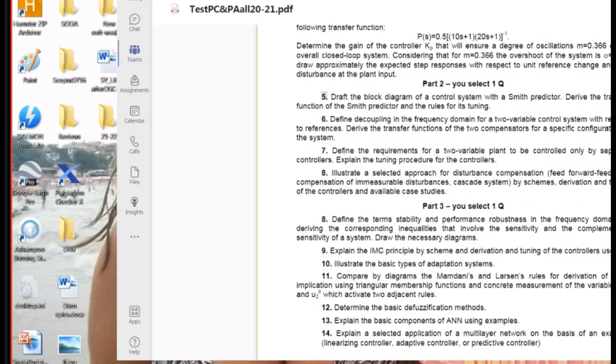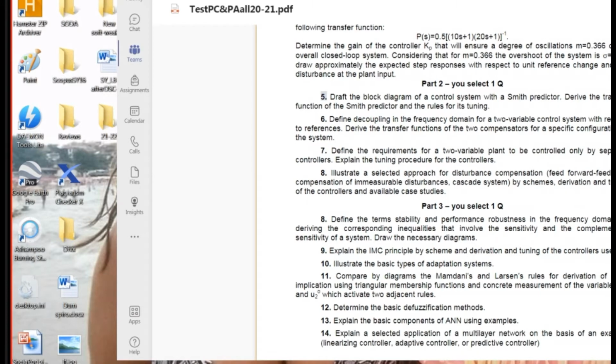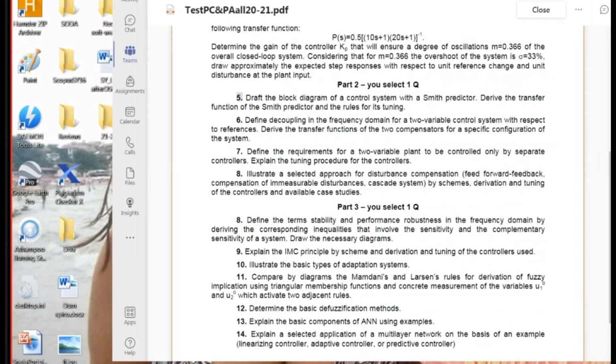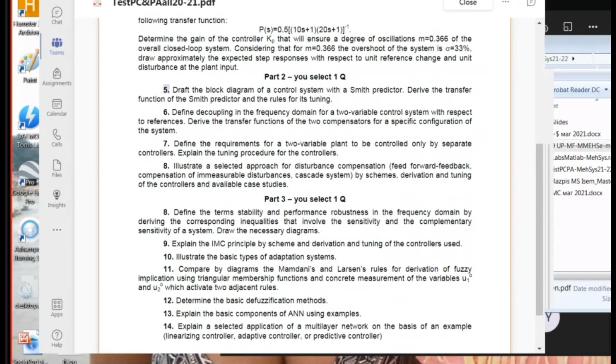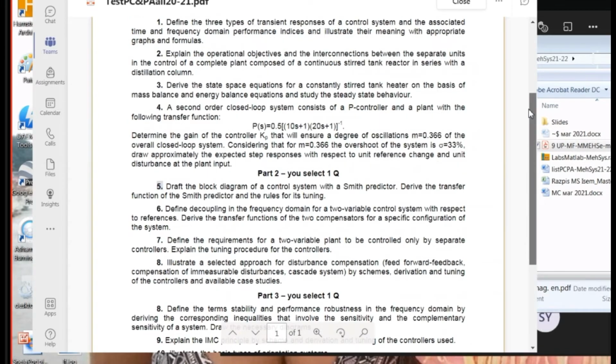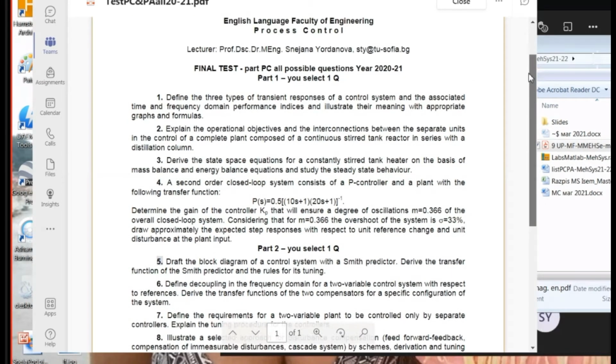Is that clear? Did you understand? Okay. So we need to make a presentation, or we will enter the exam, yes, or we need to make both of them.